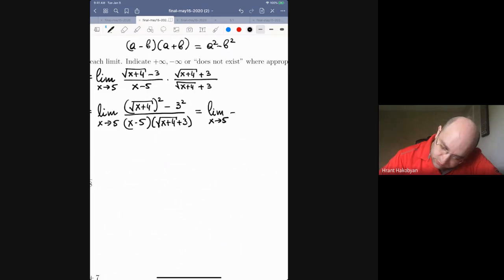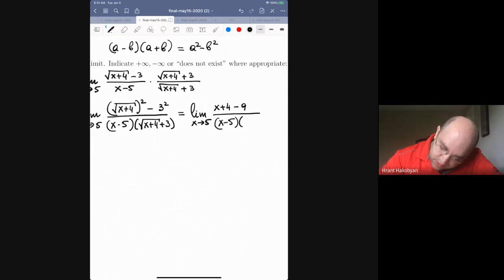So I'm going to get x plus 4, right? For the first term, for this term here, without the square root. And then I'm going to subtract 3 squared, which is minus 9, right? So then I have x minus 5 times this other expression, which is square root x plus 4 plus 3.